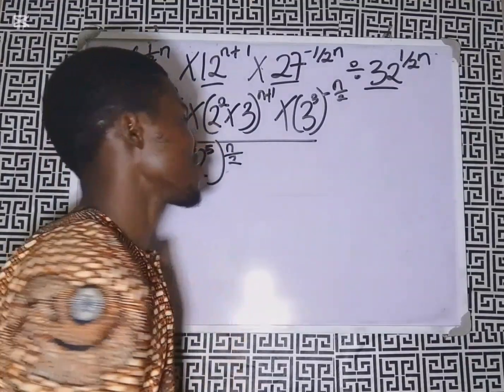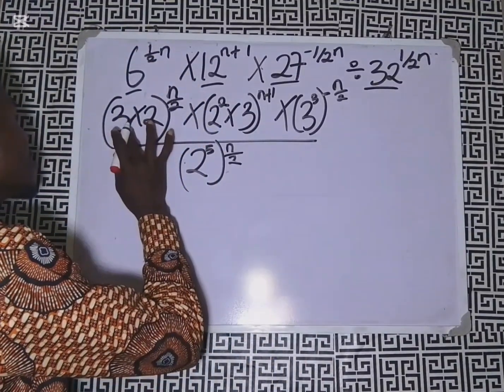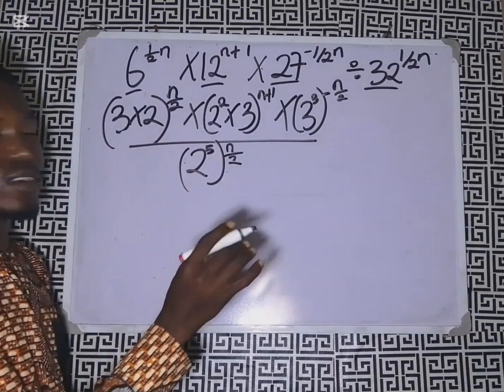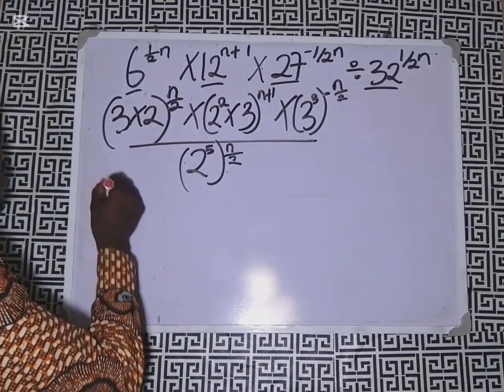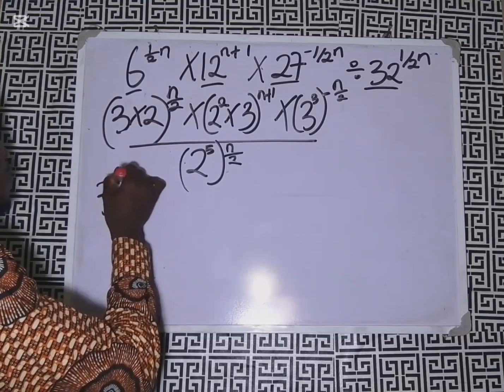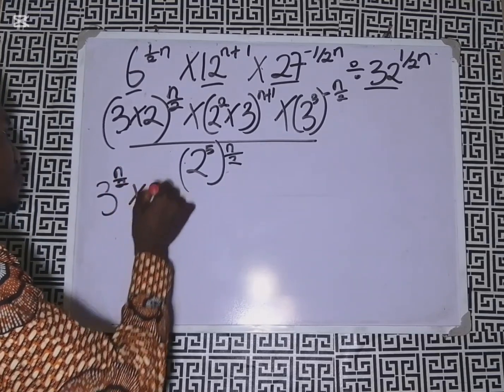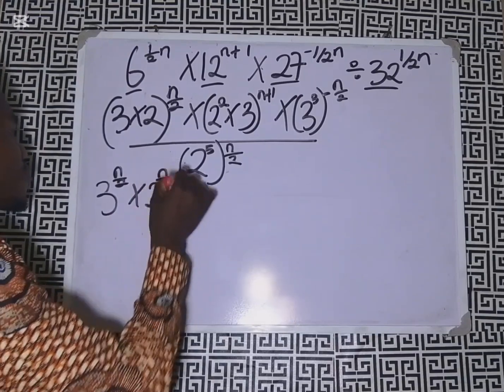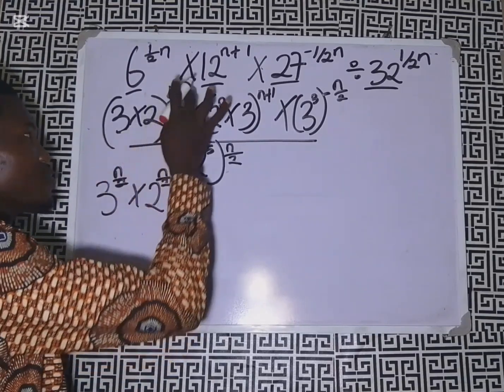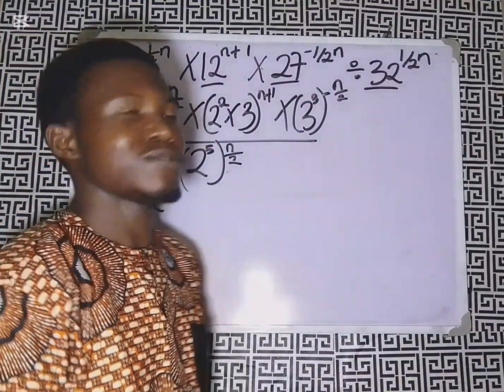Now let's simplify further. So in this case we have 3 times 2. Let's open this bracket. We can write this as 3 raised to power n over 2 multiplied by 2 raised to power n over 2. So everything inside the bracket will be raised to the power. That's a lot of indices.